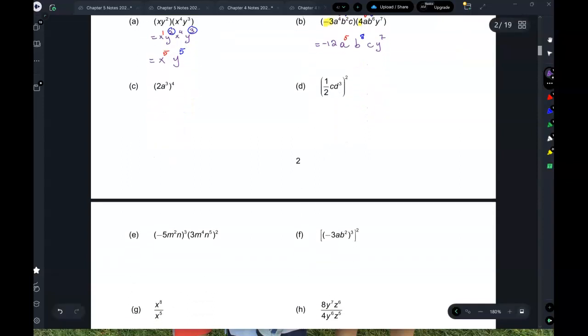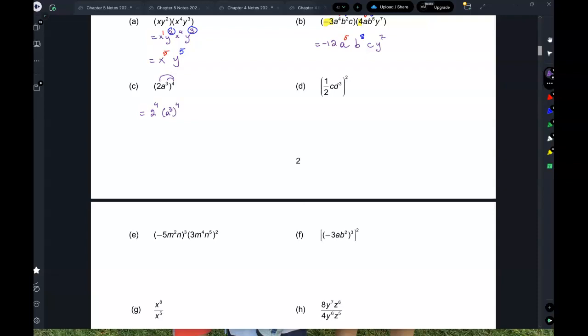Okay, now I have an exponent outside. So remember PEMDAS, right? Parentheses, exponents, and so on. So exponents have precedence. So I have to distribute this here and here. What this turns into is the following. 2 to the power of 4, and then a cubed to the power of 4.